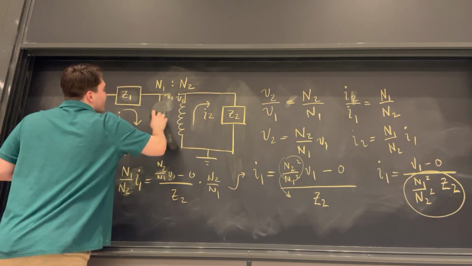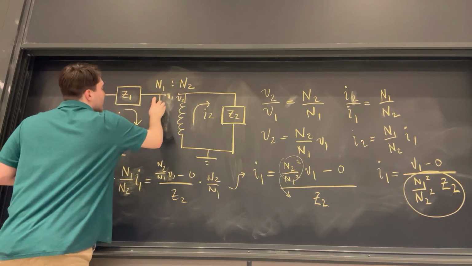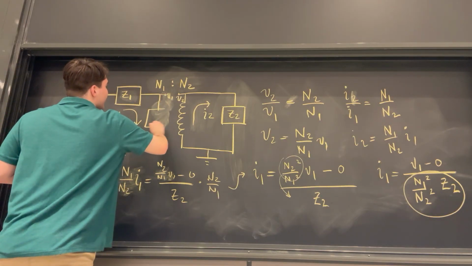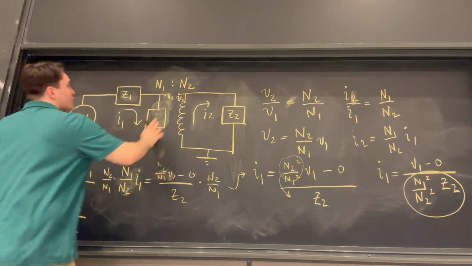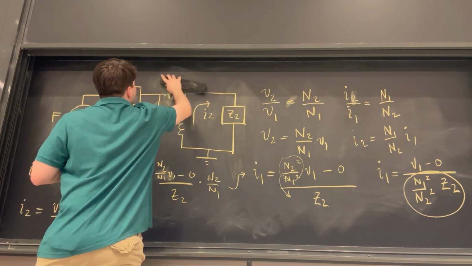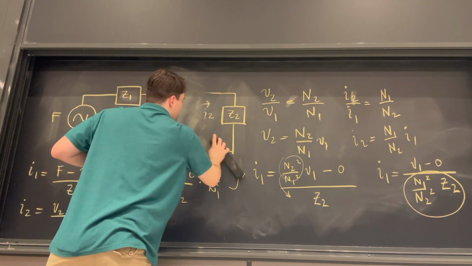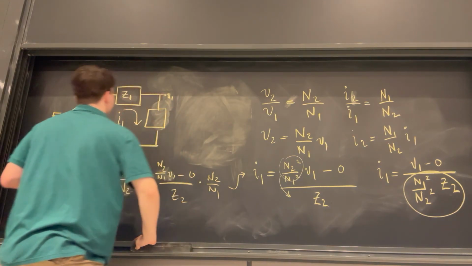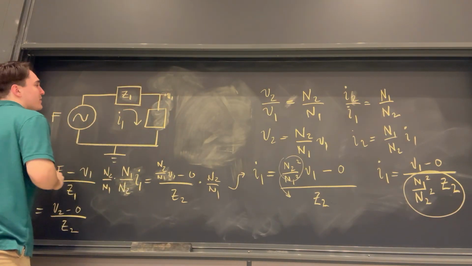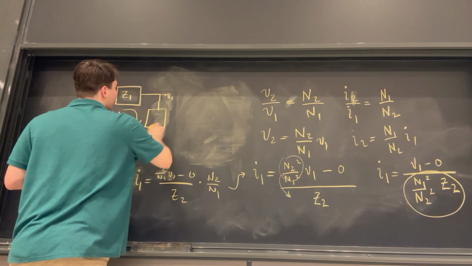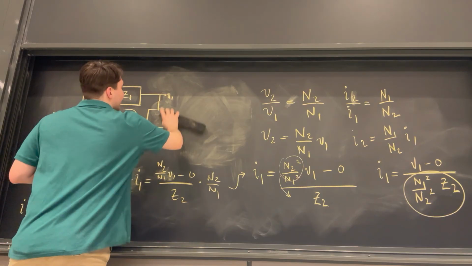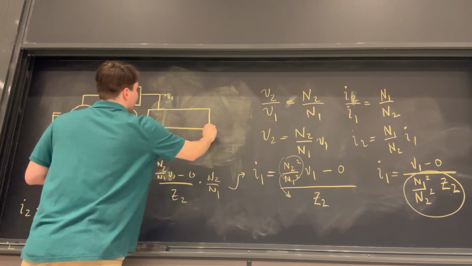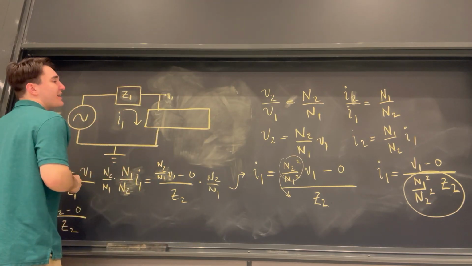So it's almost like we can just replace this transformer with some sort of new impedance, and we can just get rid of this whole side of the circuit here, and replace this transformer with something that has a complex impedance of, let me just make that a little bigger so I can include everything.